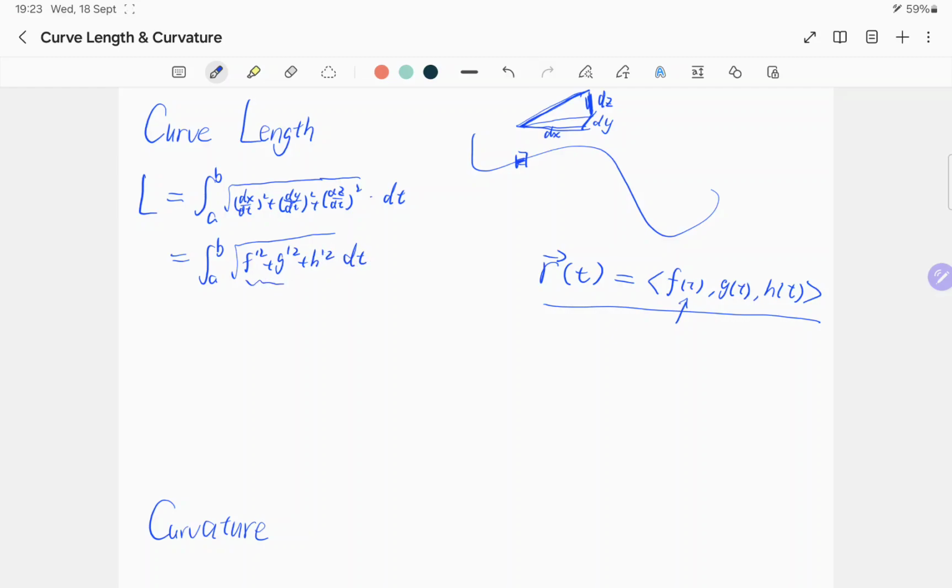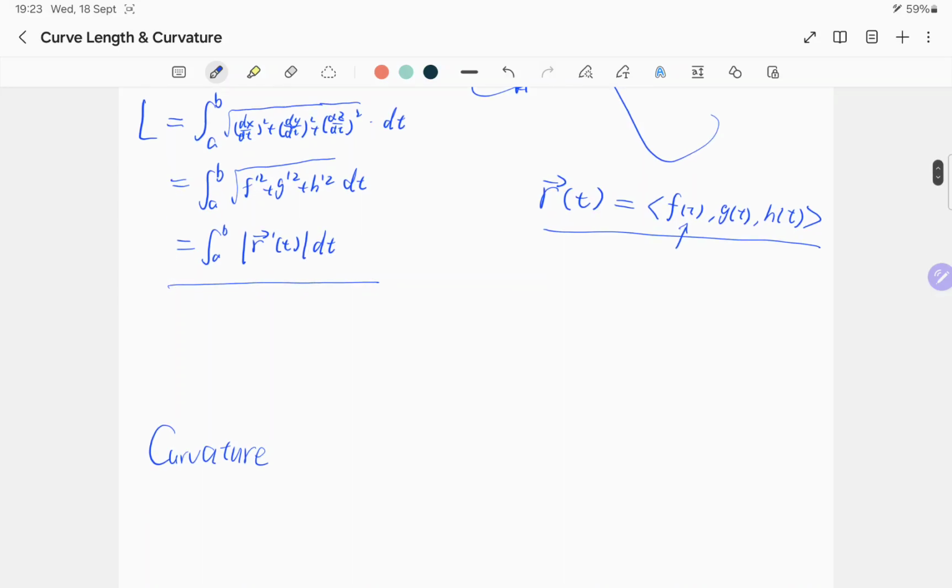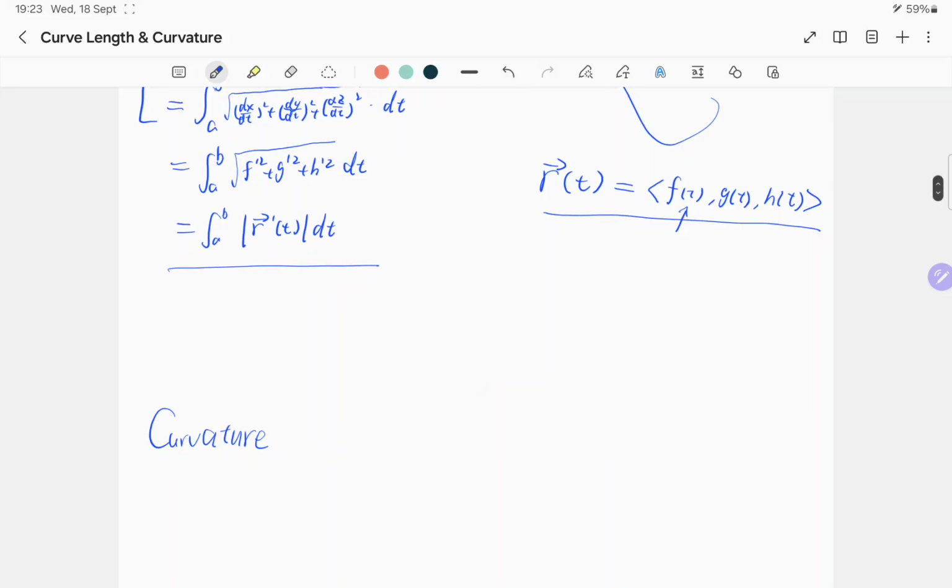And what is this? This is actually the magnitude of r prime of t. Well, now we know a way to figure out the length of the curve. And what's more, we can see from this that L is a function of t, and it actually is the integral of the magnitude of r prime.